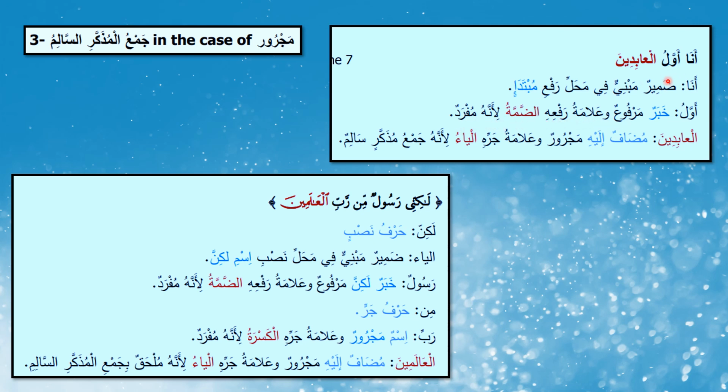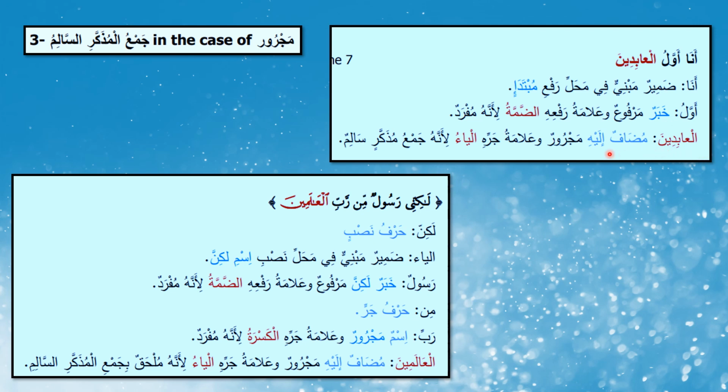Now أول is definitely a khabar, but it's also a mudaf to abidin. And al-abidin is jama muzakkar, as you can see the ya, and it's in mudaf ilayhi position. So you can say khabar wa mudaf for awwal. And even if you say khabar, it's okay, still correct. And if you add mudaf, it is also okay and correct.